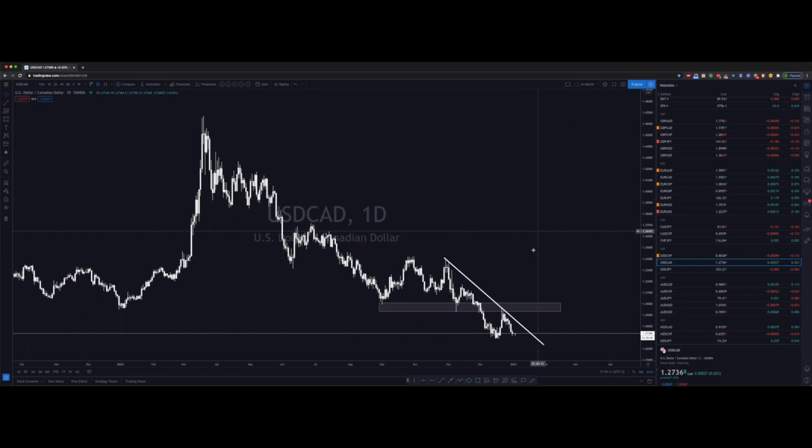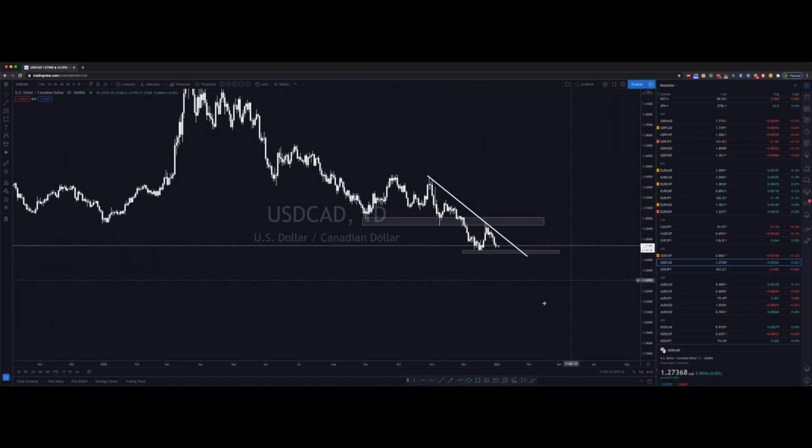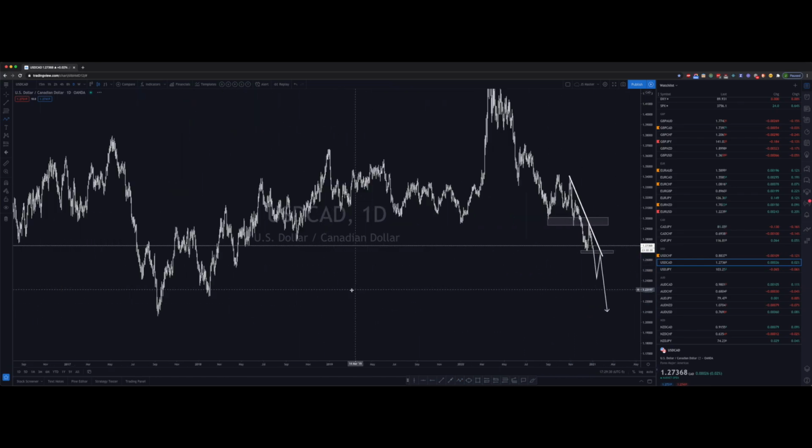Alright, cool. Well, anyway, what we'll be looking at from here now is probably a break of these lows here. So on the daily, we want to see a push past this level, come back up, test that'll be a third touch of your trend line, and then a push lower, right? If we look at the past, we have this level here.